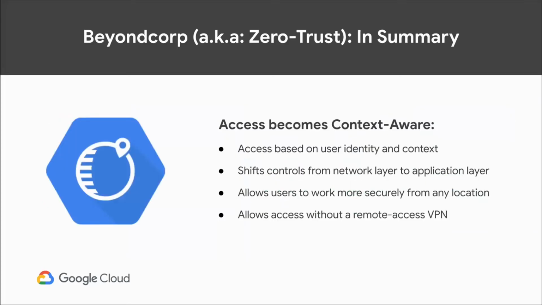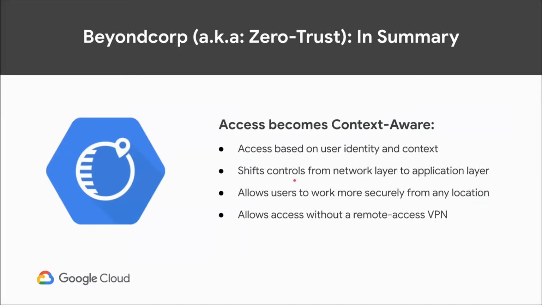So that means that the access becomes context aware. So you can define rules to access the data in your workloads based on user identity and device context, and other contexts like geographical location and time of the day, for example, which means that we're shifting control from the network layer to the application layer.